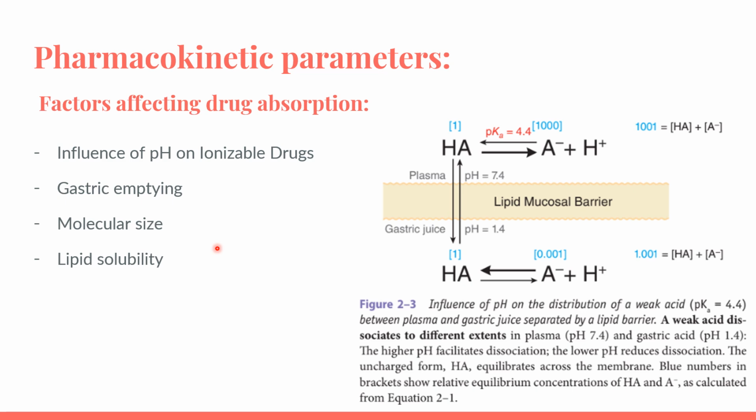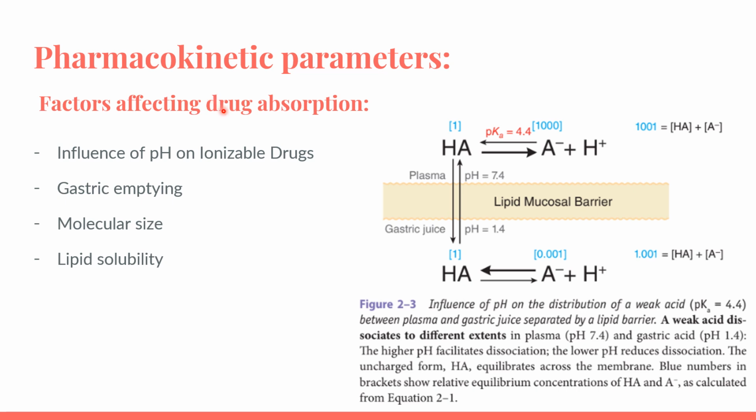Now, we said that the drug has to go through all the pharmacokinetic steps in order for it to exert its pharmacological effect. Let us now mention some of the factors, only some of them, that might be affecting the pharmacokinetic parameters of the drug.